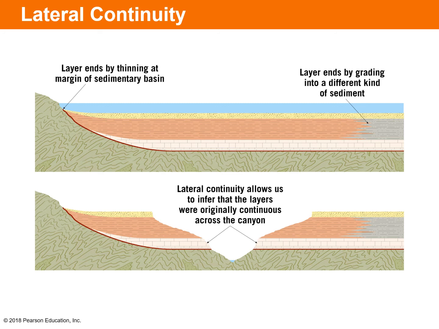So when you see a canyon carved by a river or a glacier, for example, and you see layers of rock on either side, understanding that those layers were originally deposited horizontally and then continued laterally until the layer ended by thinning or grading into a different sediment, then we can pretty safely infer that these layers were originally continuous across the canyon, without seeing the upper portion of this slide.